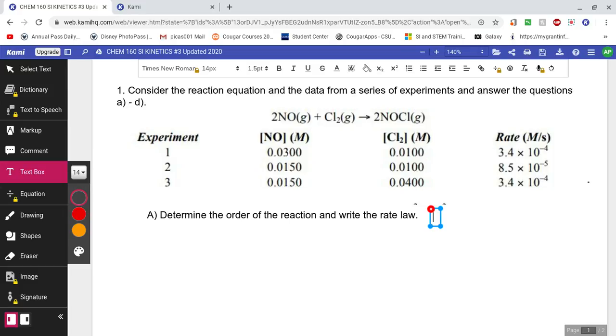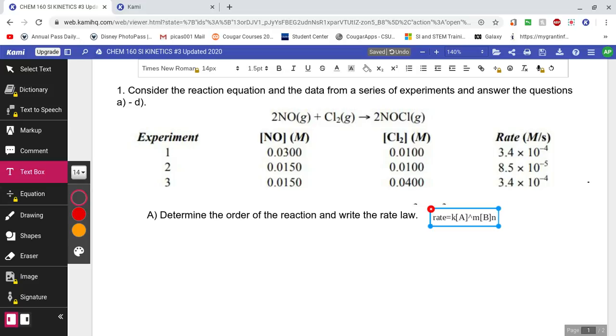So the basic rate law looks like this. It'll be rate is equal to k, which is our rate constant, times the concentration of a reactant A to the power of m, times the concentration of another reactant, B, to the power of n.